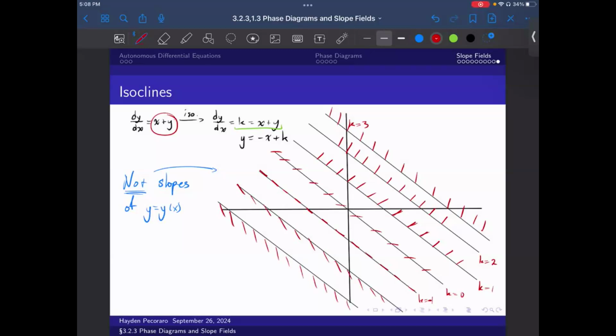Okay, so now given this slope field that I've drawn using the method of isoclines, I can now take any initial condition, let's say y of minus 1 equals 1.